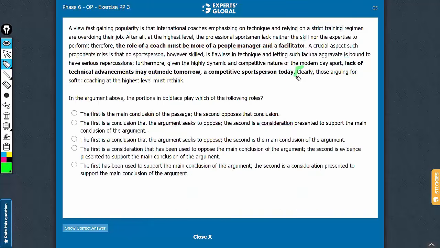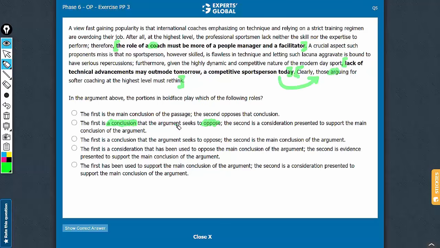We know this is the conclusion here. This is an intermediate conclusion, and this is a consideration that has been used to support the main conclusion of the argument. Choice B says the first is a conclusion, as in an intermediate conclusion, that the argument seeks to oppose. Yes, you see, this intermediate conclusion is opposite of what the main conclusion is.